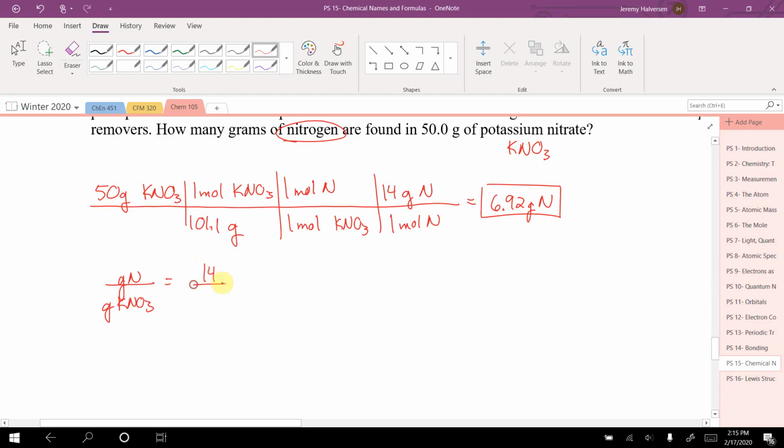Well, since there's 1 atom of nitrogen, 14 grams of nitrogen over KNO3 is 101 grams, which tells me that potassium nitrate is 13.85% nitrogen.